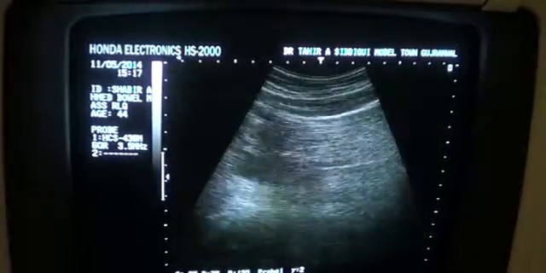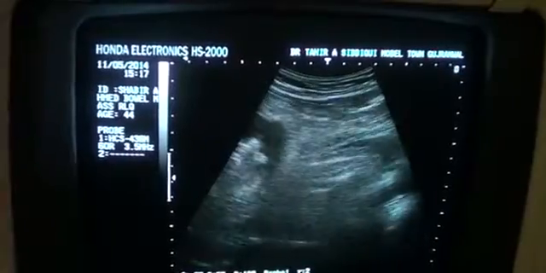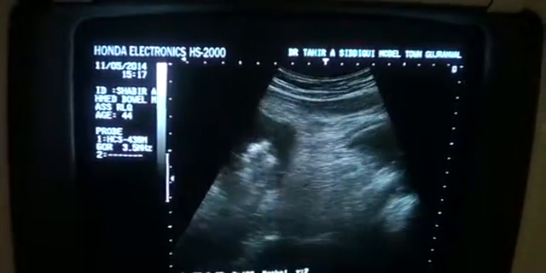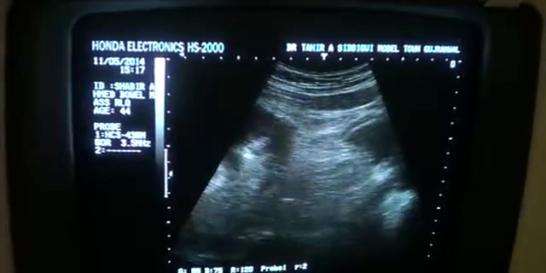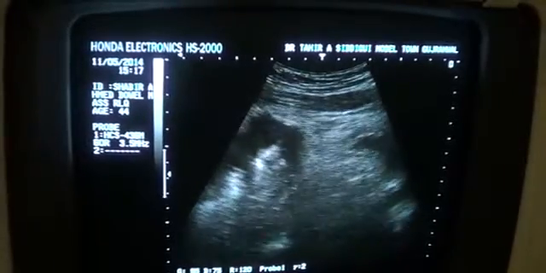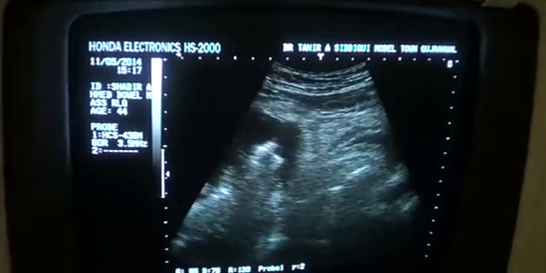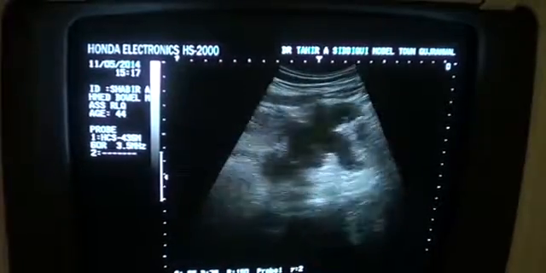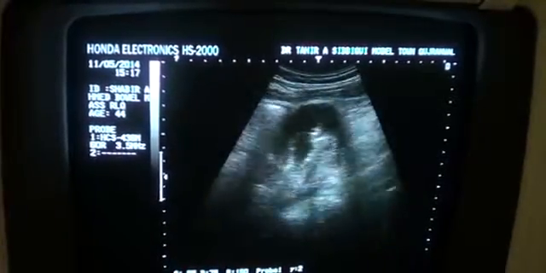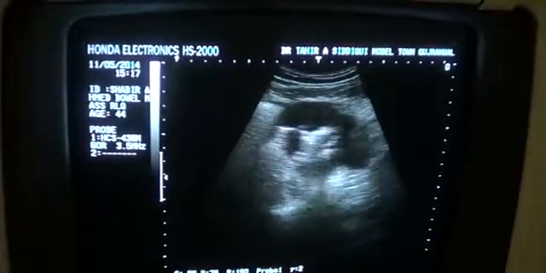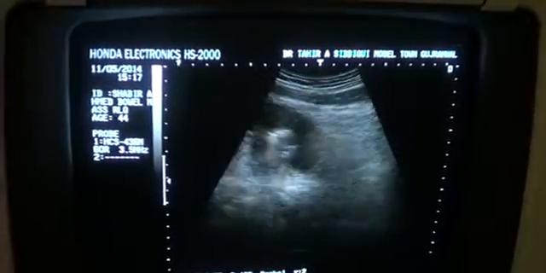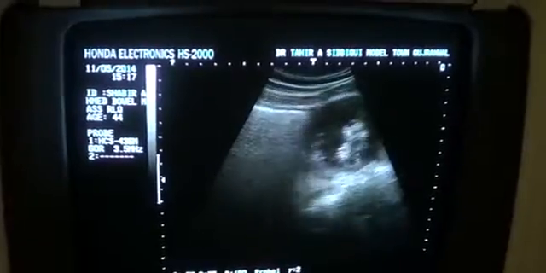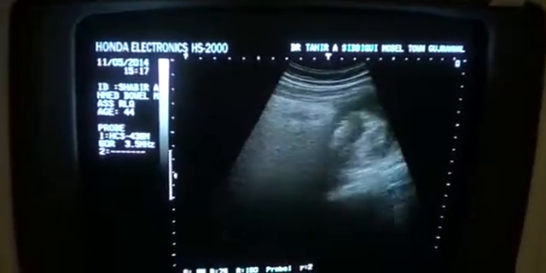Now you see this, here I showed you, in fact, the purpose of showing this view was to show you the distance of this mass from the urinary bladder. It's in the region of the right iliac fossa. It extends from the right iliac fossa to the right lower abdominal quadrant.